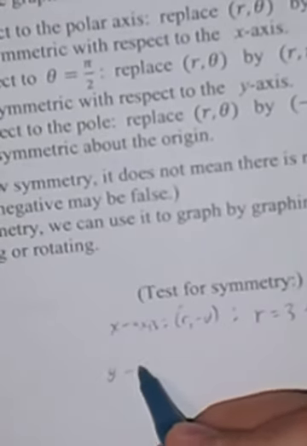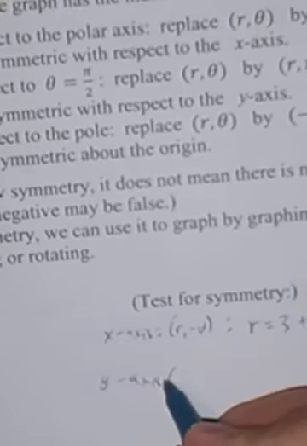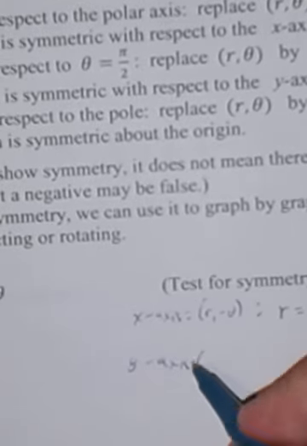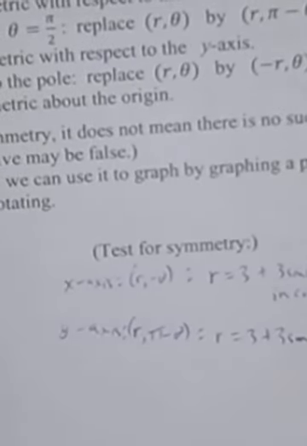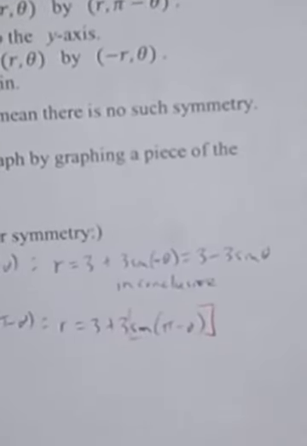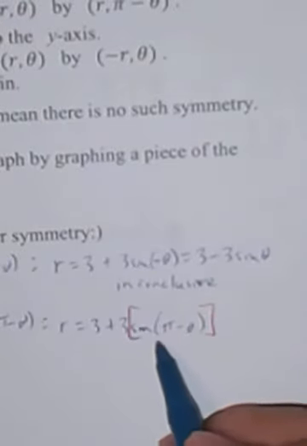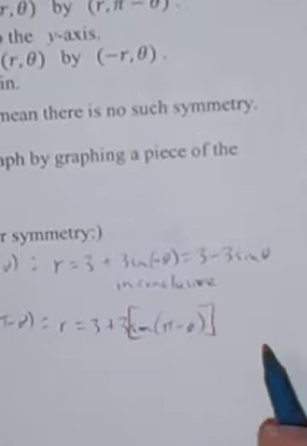For the y-axis, we will replace (r, theta) with (r, pi minus theta). So our equation would be r equals 3 plus 3 times the sine of pi minus theta. And then I'm just going to work with pi minus theta. Remember the formulas for the sine of a difference.